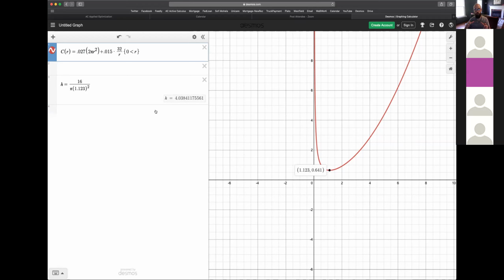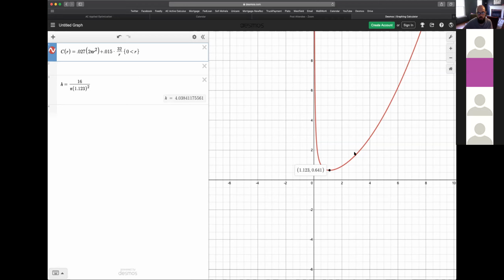So you'd have a 1 and an eighth maybe by 4 inch can, and that would give you your optimal dimensions to minimize costs.